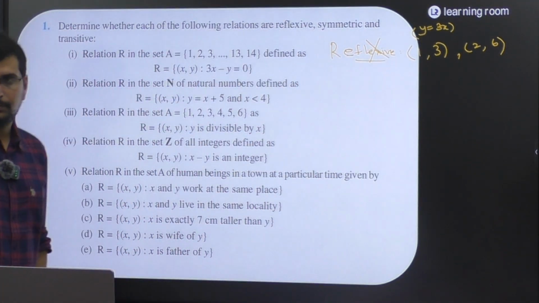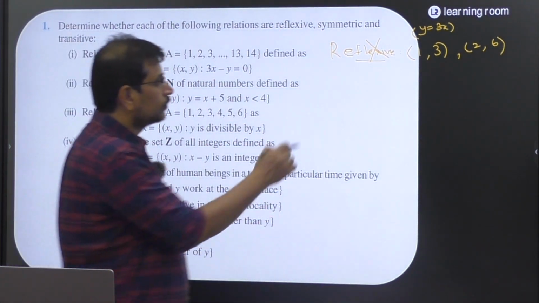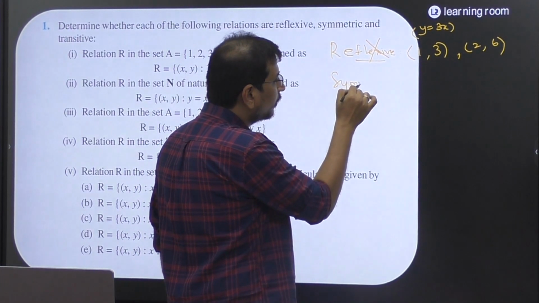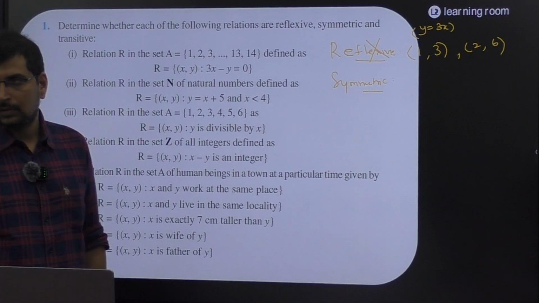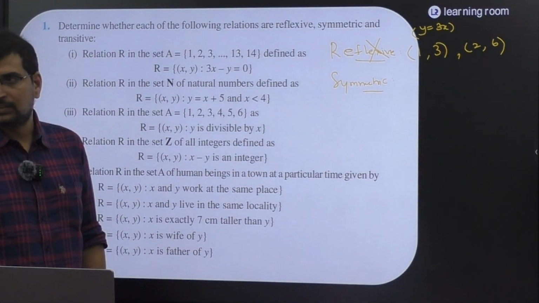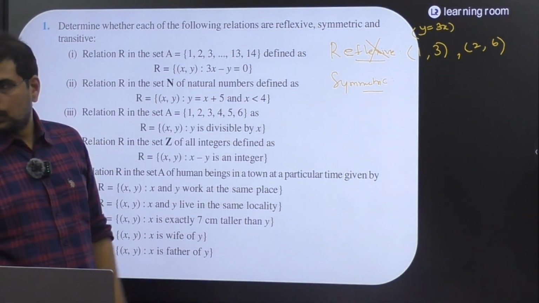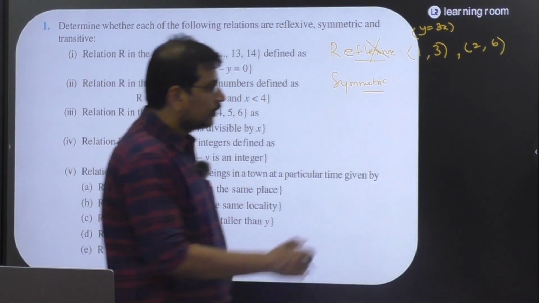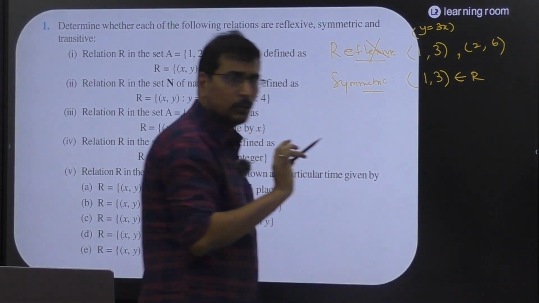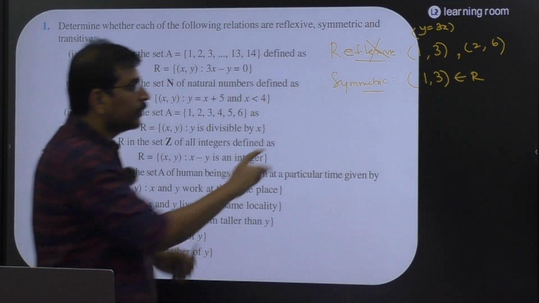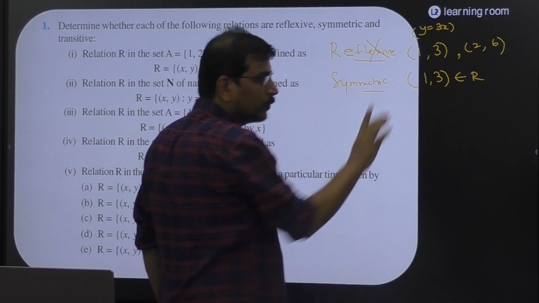What about symmetry? So for symmetry, what should happen? If one exists, the other should exist. Suppose I take (1, 3). So (1, 3) belongs to R. Is it right or wrong? Why? Because when you put x is equal to 1, you are getting y is equal to 3.